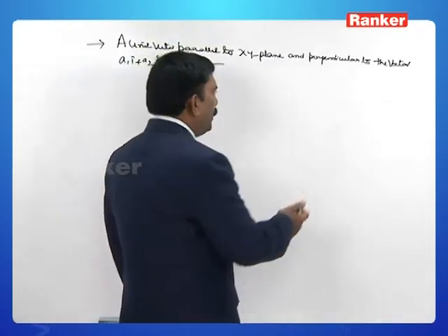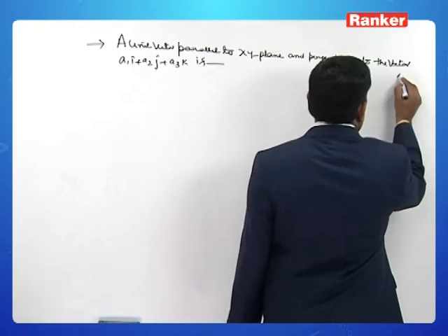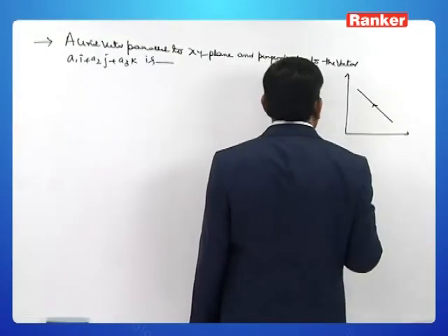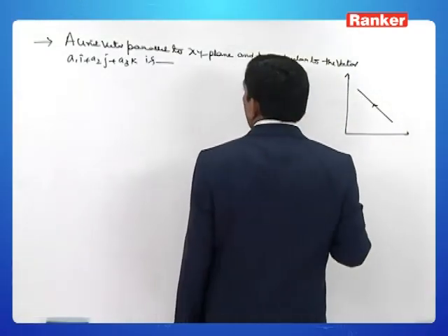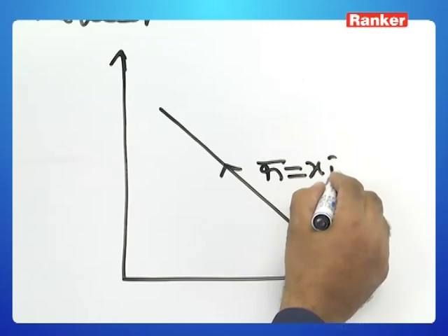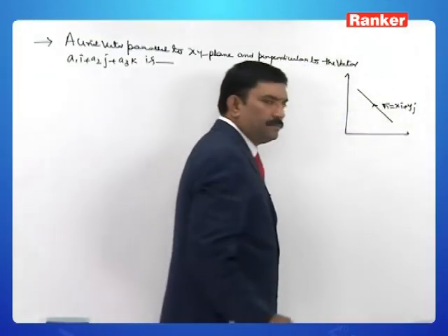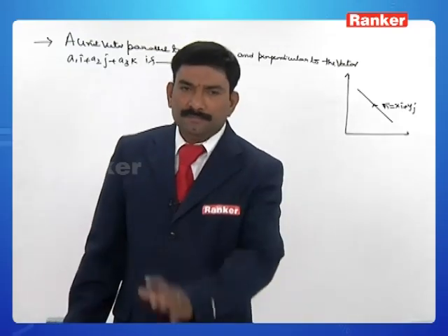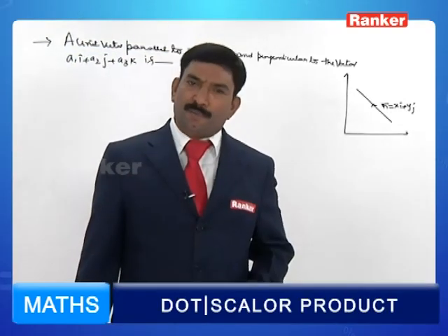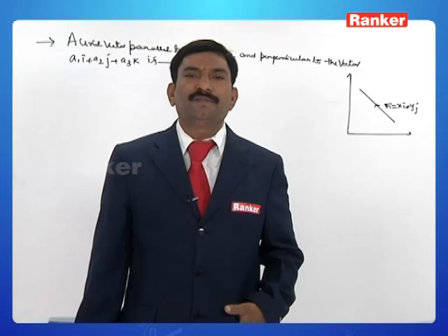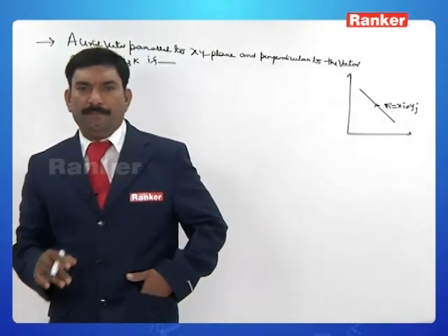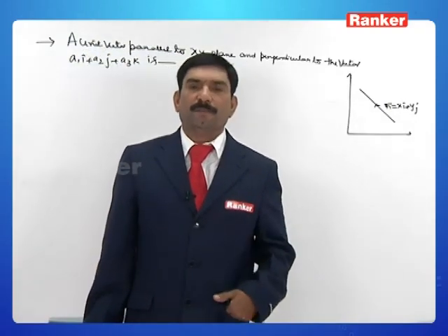Let us see. If I take this as the xy plane, and I take a vector which is parallel to the xy plane, let us say r bar is equal to xi plus yj. Sir, why have you taken r bar is equal to xi plus yj? Because the region is strictly defined in the xy plane.